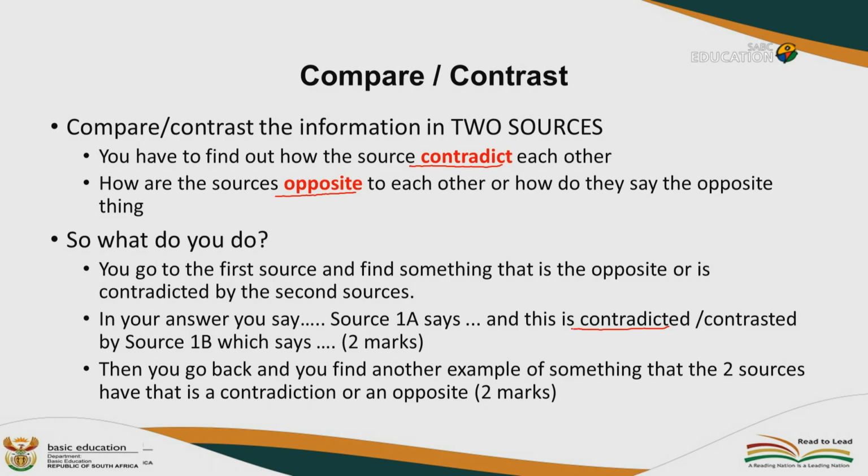Then you go back again and look for another example of differences. Then it means you have answered out of 4. The first bullet talks to the first contradiction for 2 marks. Another bullet talks to the second contradiction, which is also 2 marks.